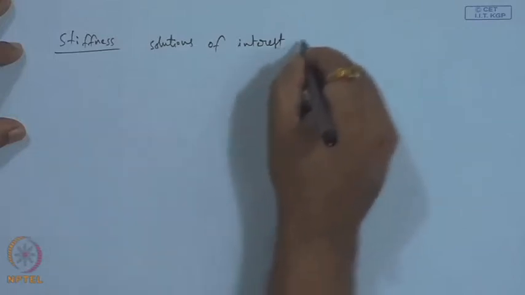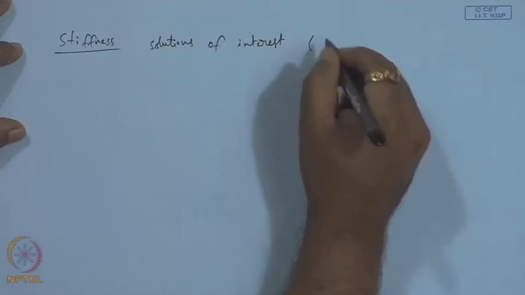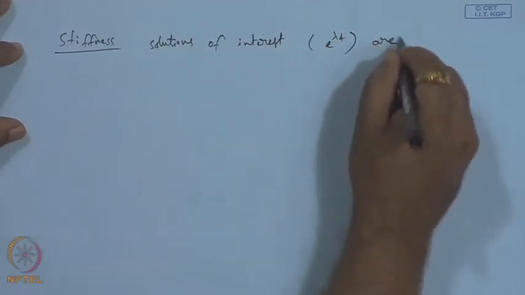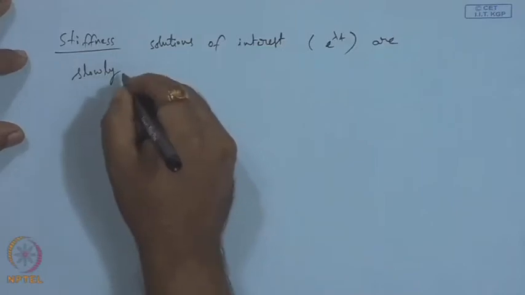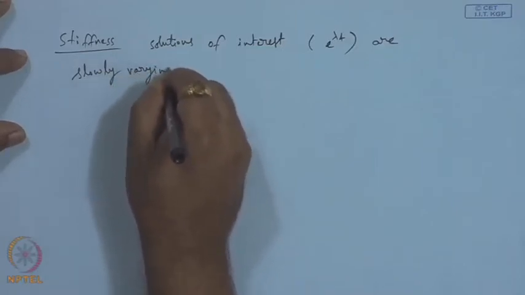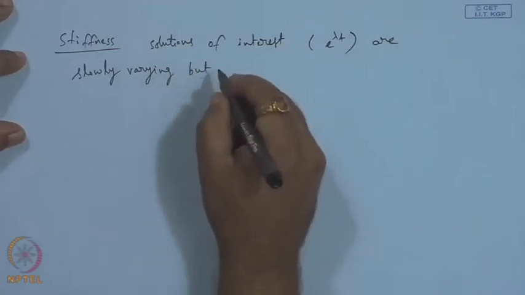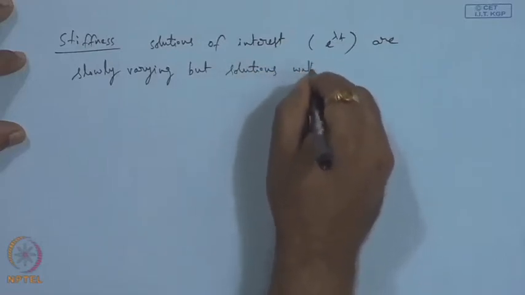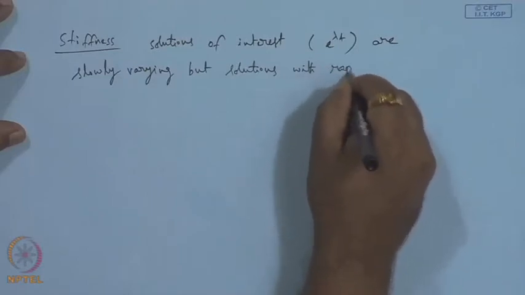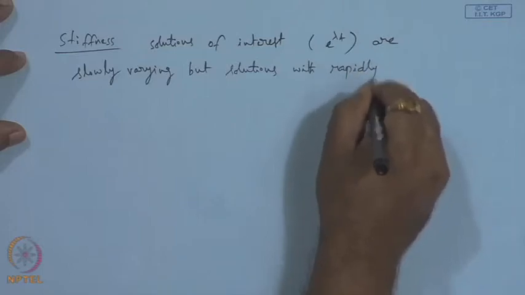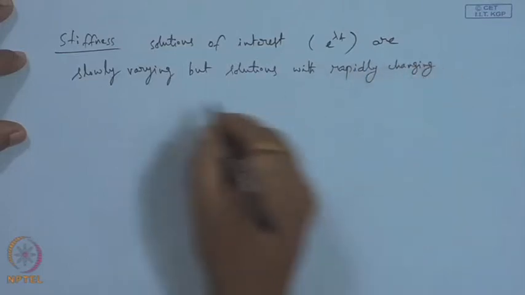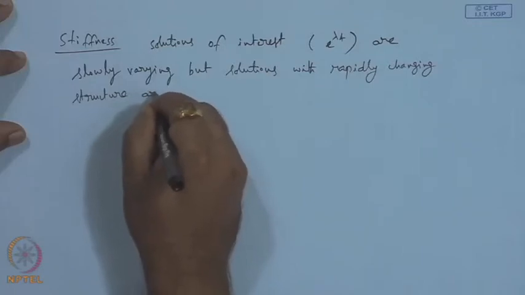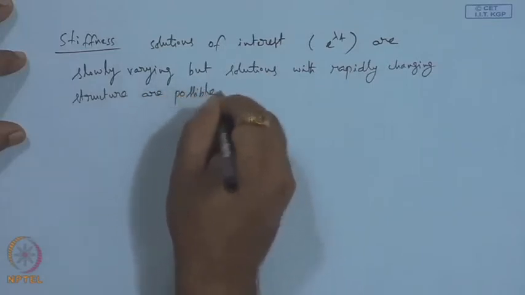We expect solutions of interest means they are of the form e power lambda t kind of solutions, right, or slowly varying, but solutions with rapidly changing structure are possible.